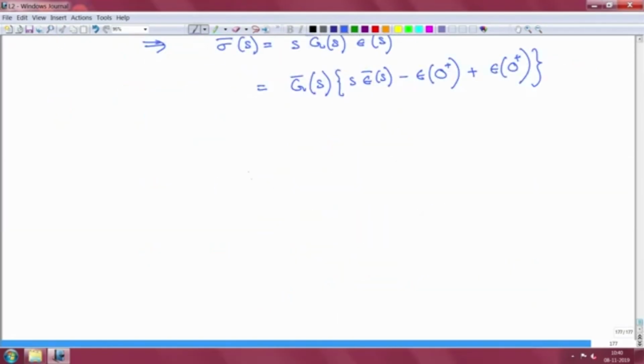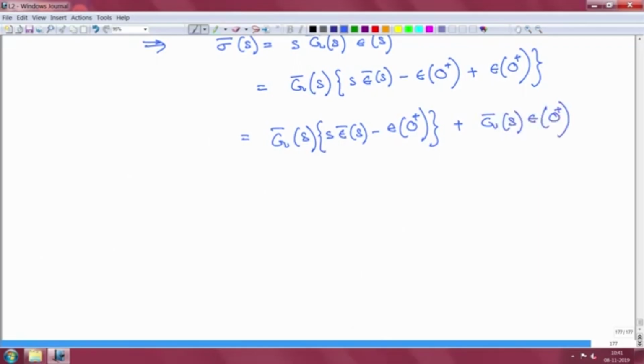So, you will end up having these two expressions.